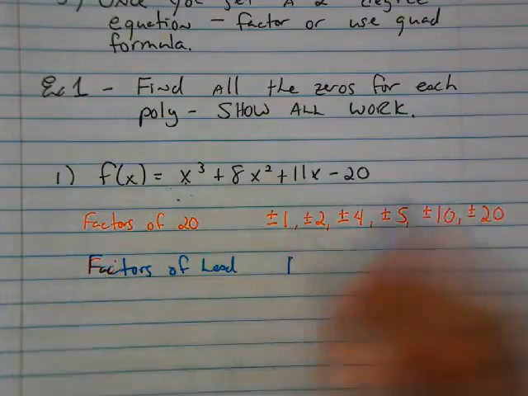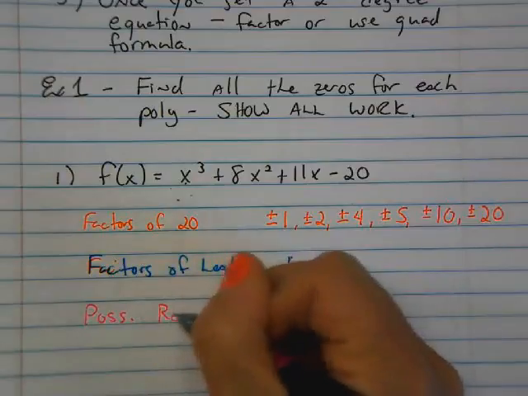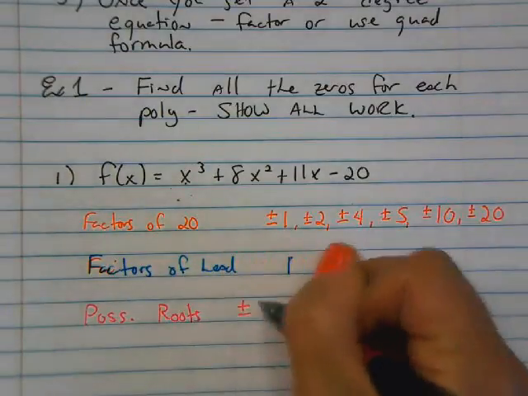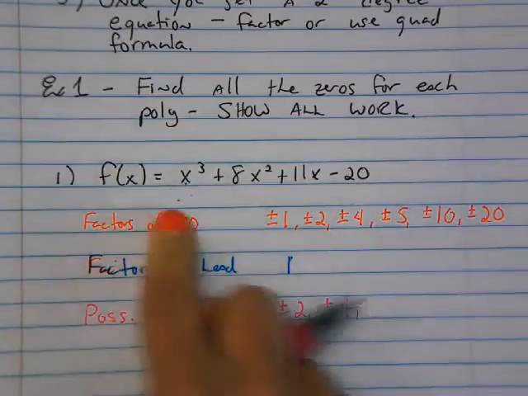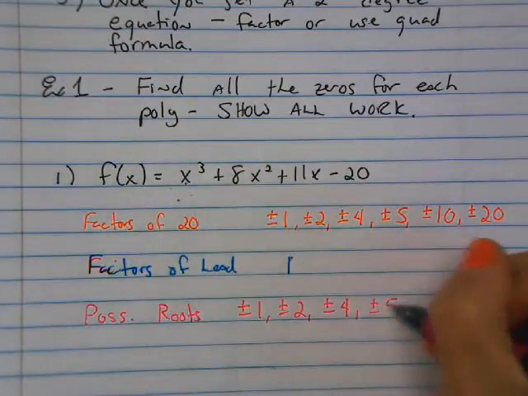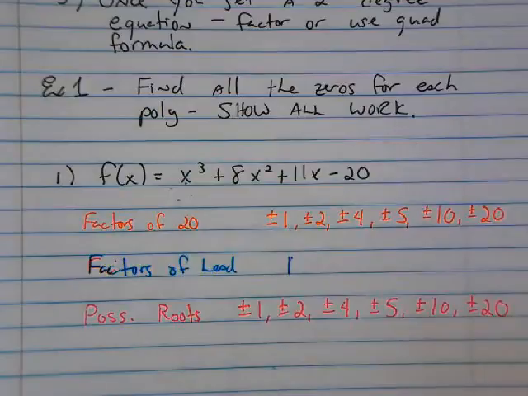I don't have to do any fancy division. So possible roots would be plus or minus 1, and so on. If you don't want to rewrite these, I'm okay if you just go up here and change that. Okay?